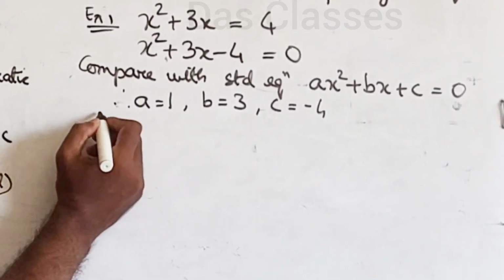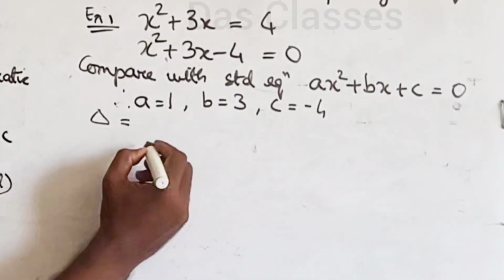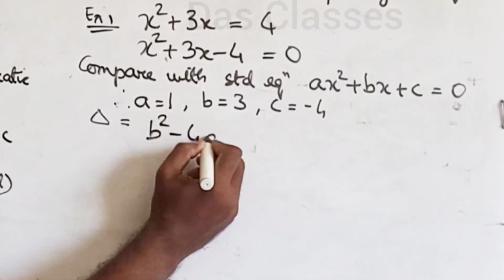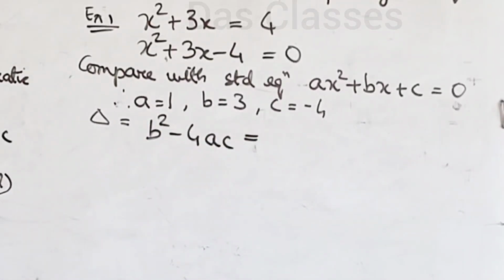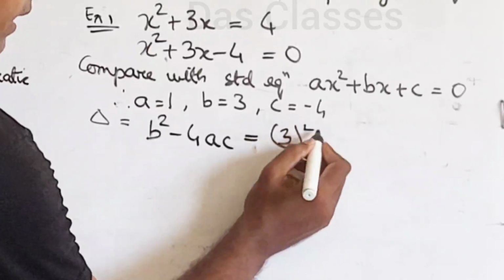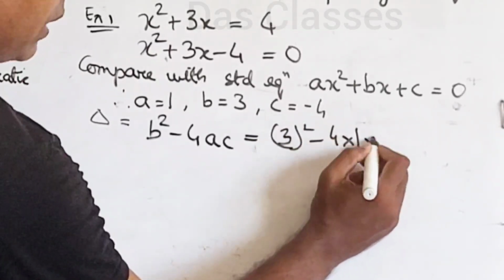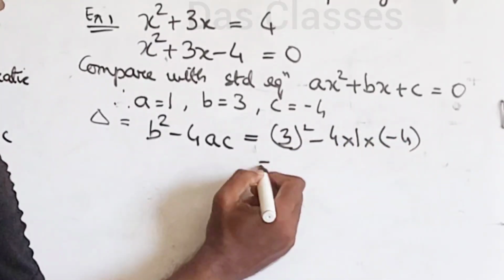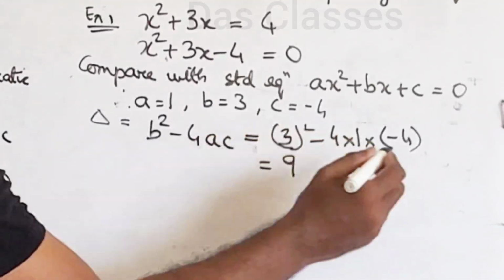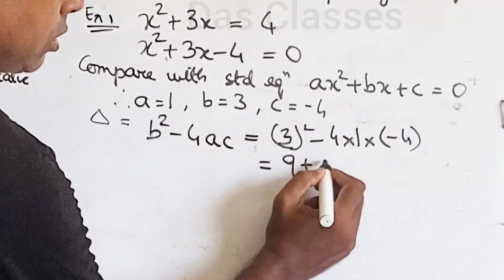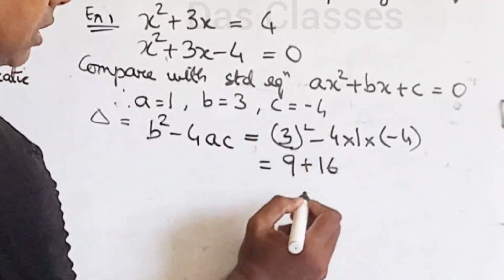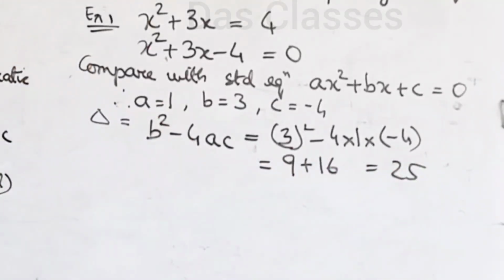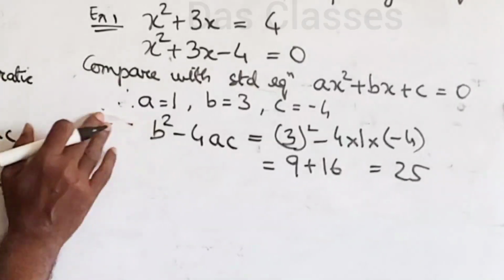First, we need to find the determinant. The determinant is going to be b square minus 4ac. b is 3 square minus 4 into 1 into minus 4. So that's 9, 4 fours are 16, and minus into minus is plus 16. So the answer is going to be 25. Sorry, the discriminant is 25.